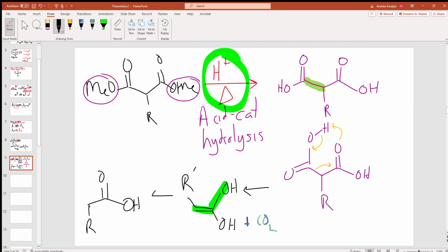And so we go to the more stable carboxylic acid, which in this case, because of what our starting material was, we can now see we've sort of unmasked the acetic acid that we wanted. And so the overall net result of this reaction is that we managed to do an alpha alkylation of acetic acid.